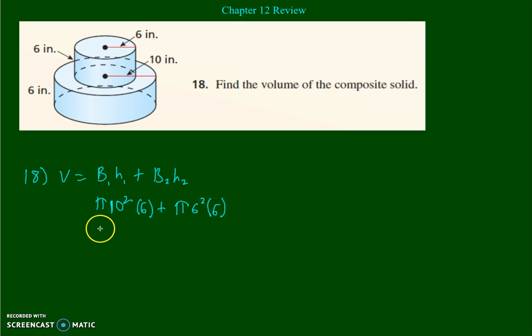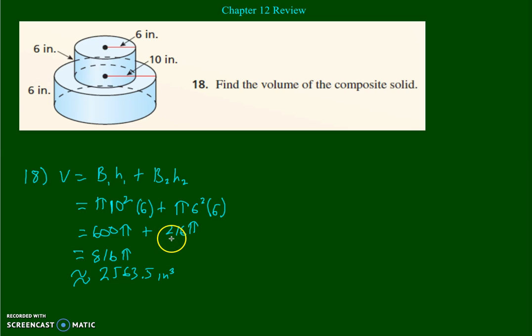So this is going to give us 600 pi plus 216 pi, which is 816 pi, which is approximately 2563.5 cubic inches. So altogether not too bad of a problem.